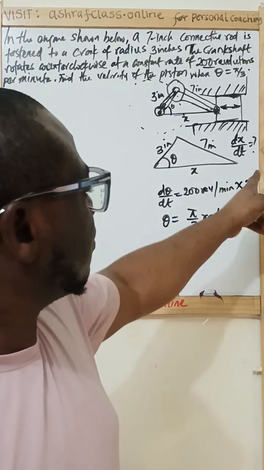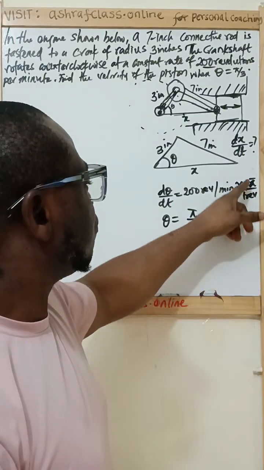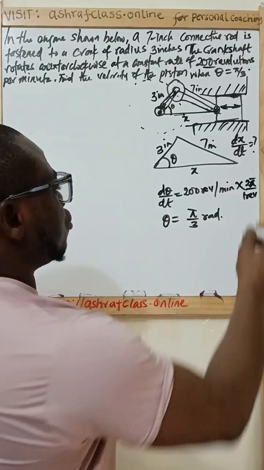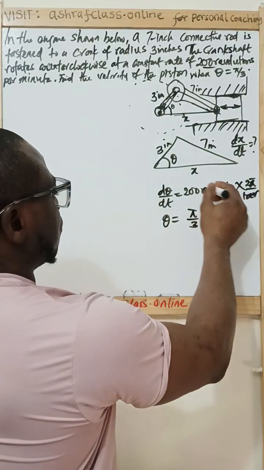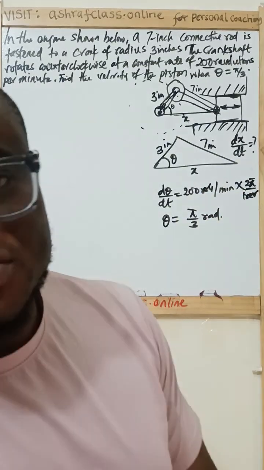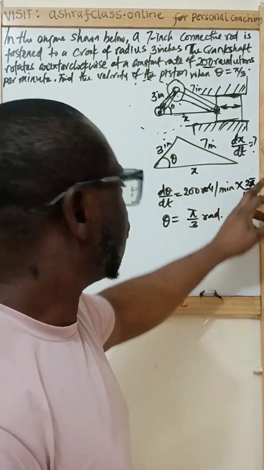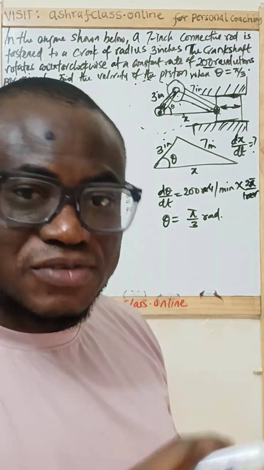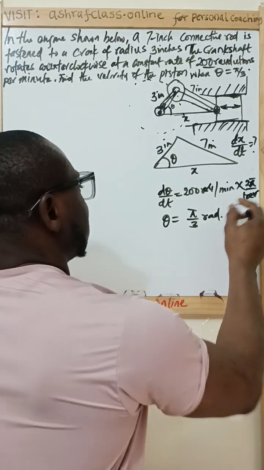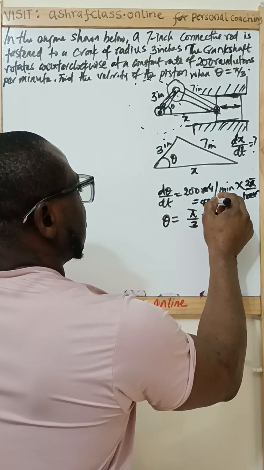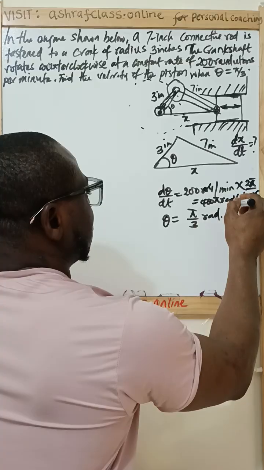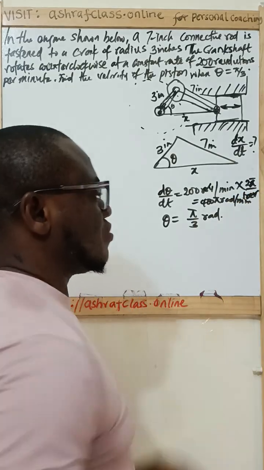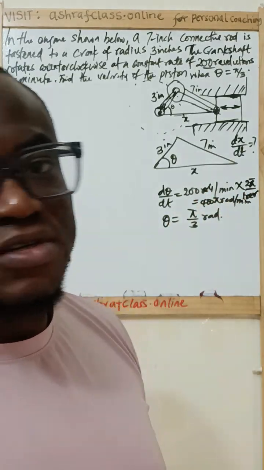The revolution cancels revolution, and I'll be left with 200 times 2 pi, which is 400 pi radians per minute, so that they are in the same units.